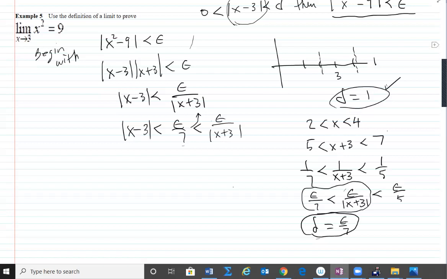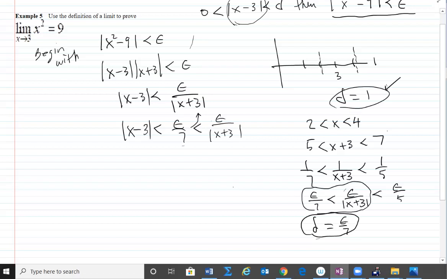I need both of these to be true. So in order to get that, I'll say that my delta needs to be the minimum of these 2. Okay, so that implies that I'll have the smaller of the 2. Now you can always pick a delta smaller than both of these if you really want, but I'm picking delta to be as large as possible and still have my proof.